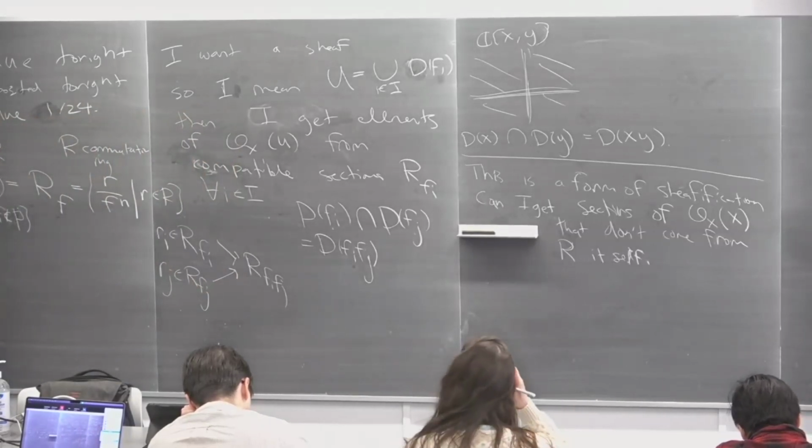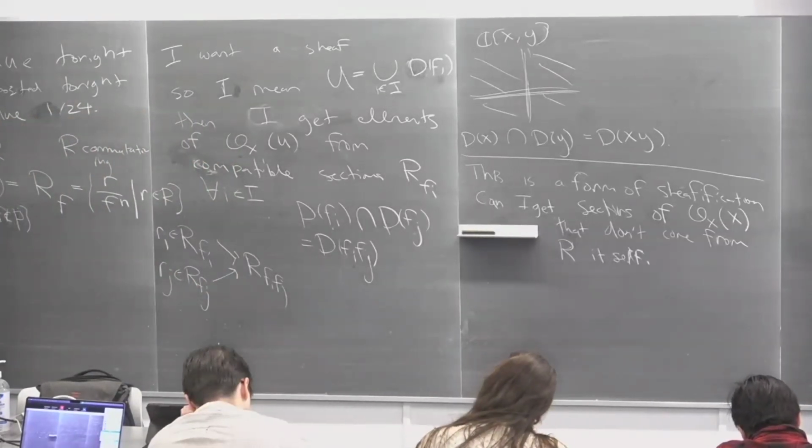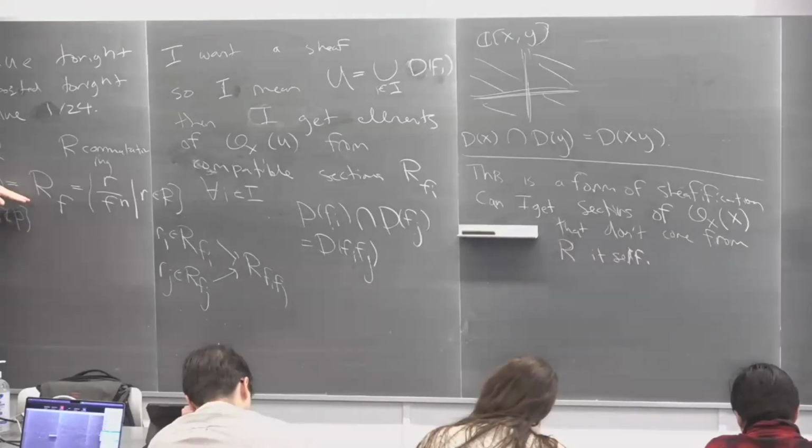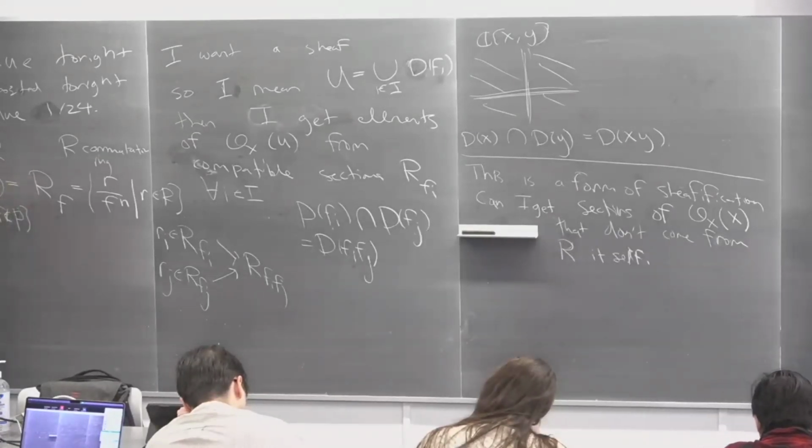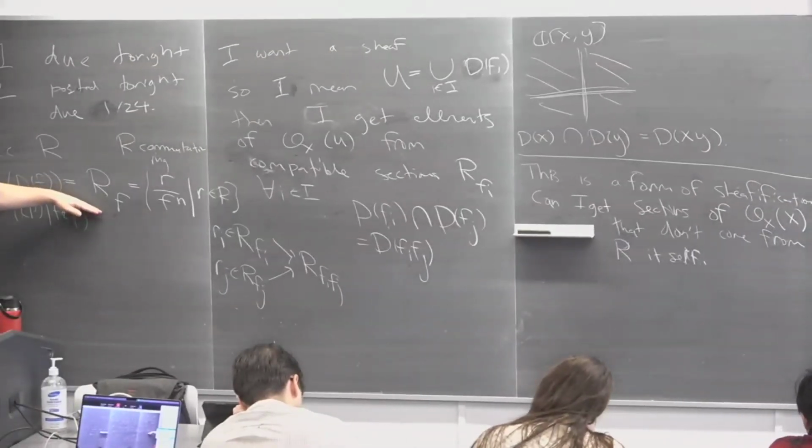What I'm really saying here is I haven't actually proven for you that a sheaf with this property exists, right? This is what I would like to happen.